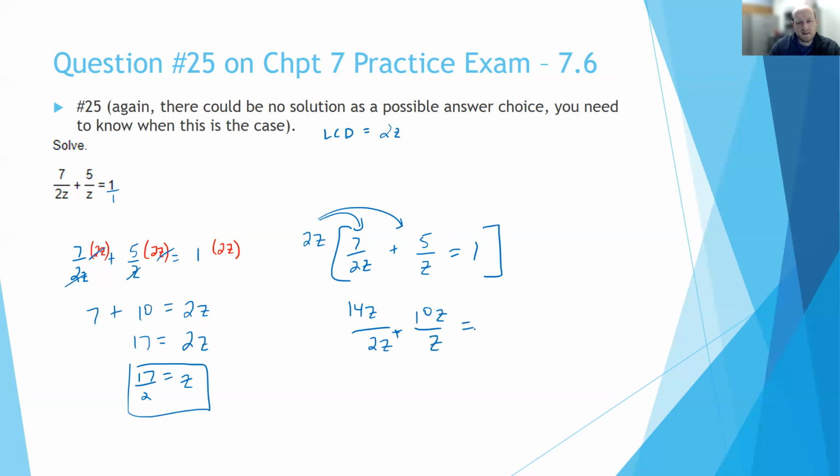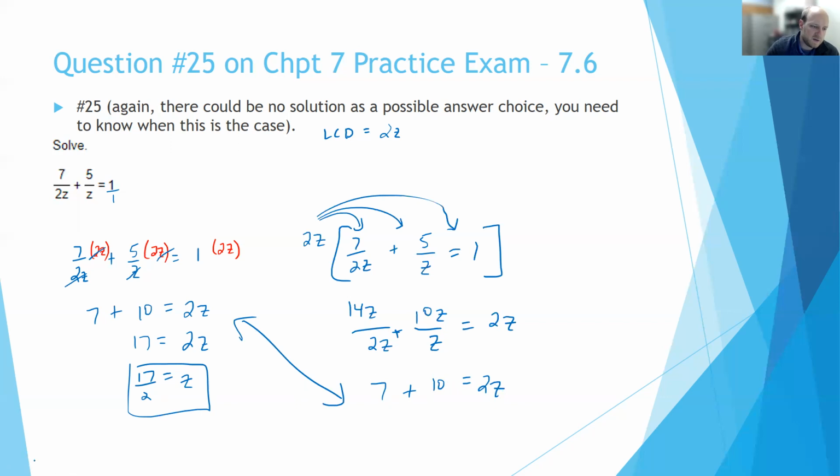That's over z. And then 2z into 1 gives me a 2z. And then now we cancel. So this is still going to be a 7. This is still going to be a 10. This is still going to be a 2z. And look at that. We're right back to this step right here. So either way that you want to do it is perfectly fine.